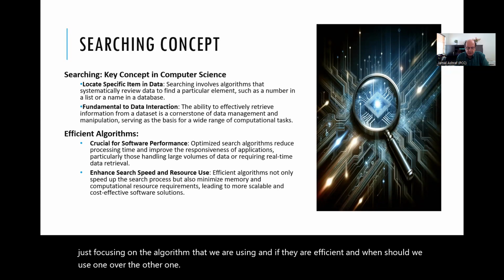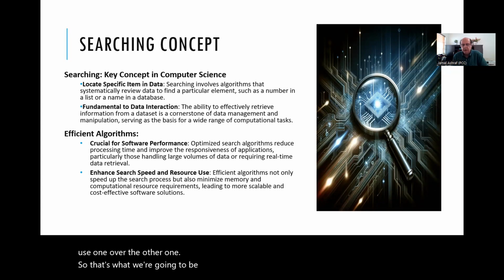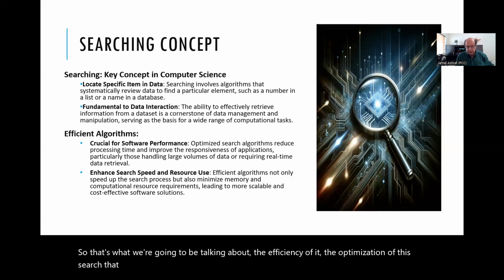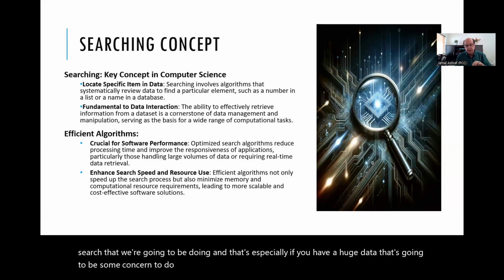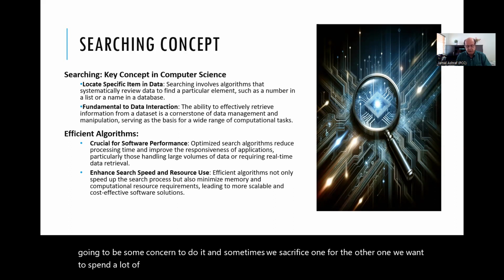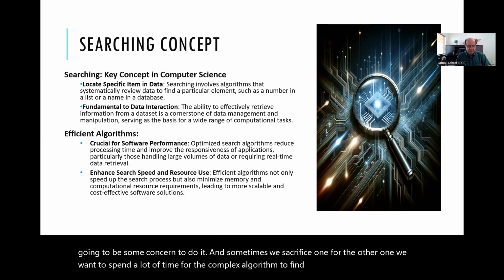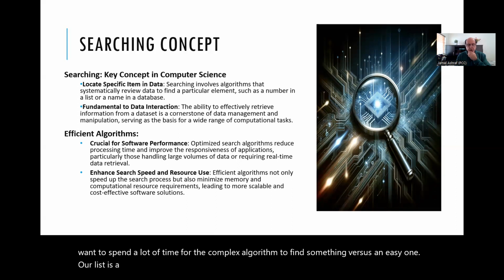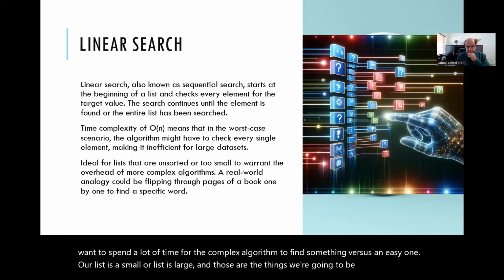So that's what we're going to be talking about: the efficiency of it, the optimization of the search, especially if you have a huge amount of data. And sometimes we sacrifice one for the other. We may want to spend a lot of time on a complex algorithm to find something versus an easy one. Our list is small, our list is large, and those are the things we're going to be talking about.